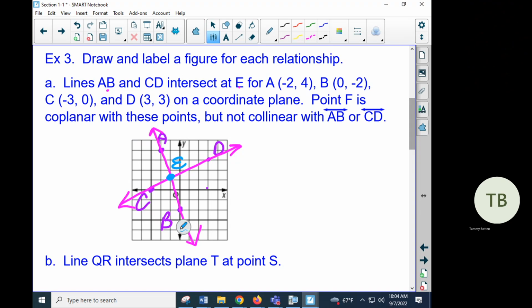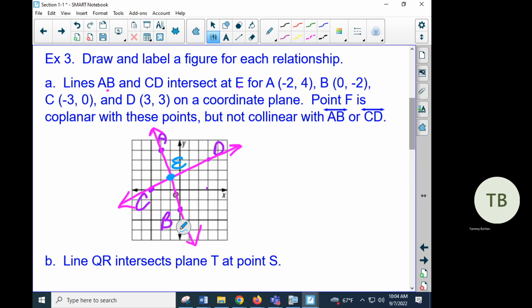Now it says point F is coplanar with these points. What does coplanar mean? On the same plane, right? But point F is not collinear with this line or this line.